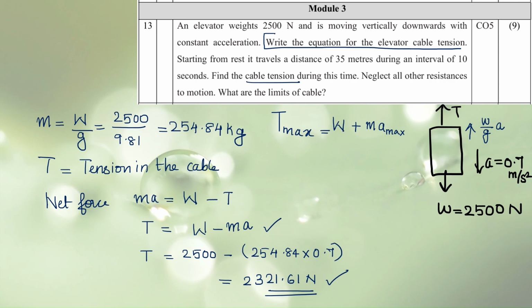That is the limit. And my minimum tension will be W minus mass into maximum acceleration. And there can be a condition where tension is equal to 0. So these are the limits of the cable.